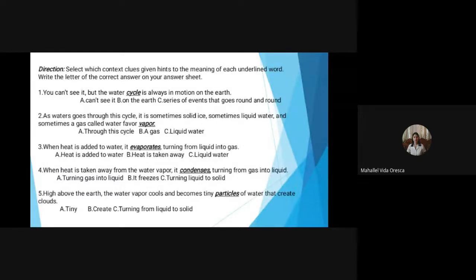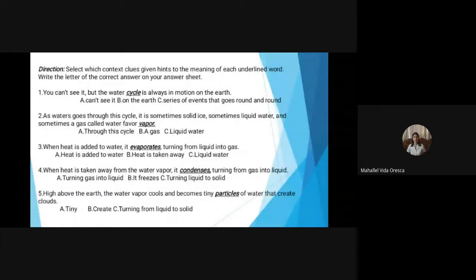Number 2, as water goes through the cycle, it is sometimes solid ice, sometimes liquid water, and sometimes a gas called water vapor. Number 3, when heat is added to water, it evaporates, turning from liquid into gas.